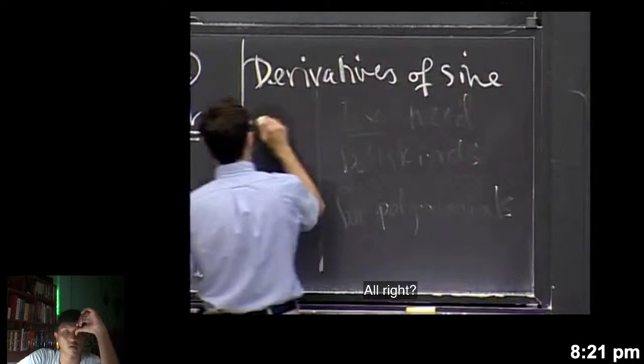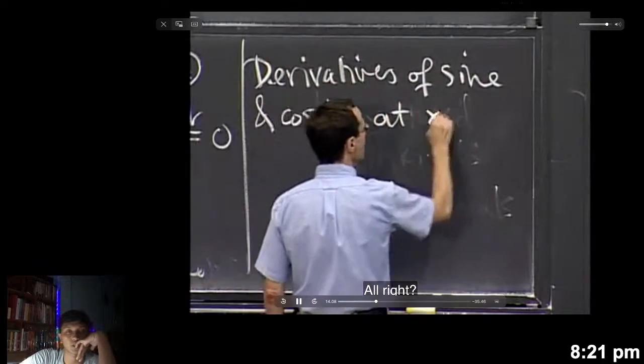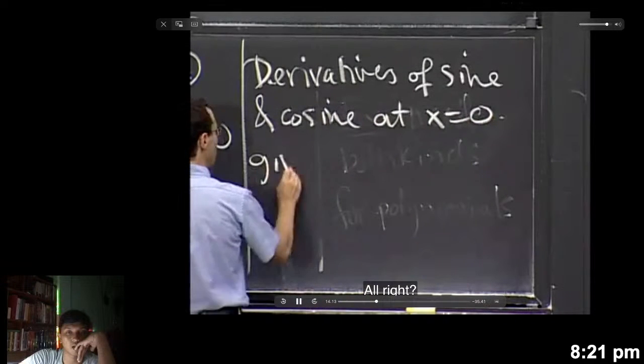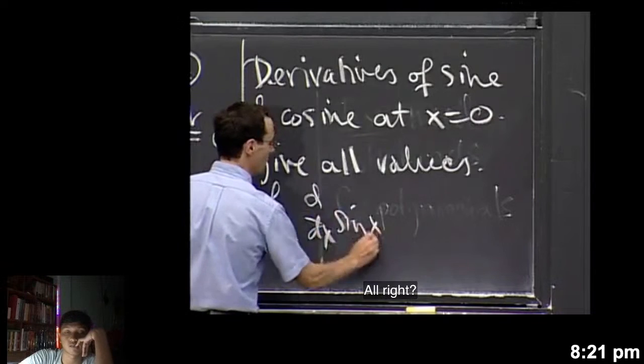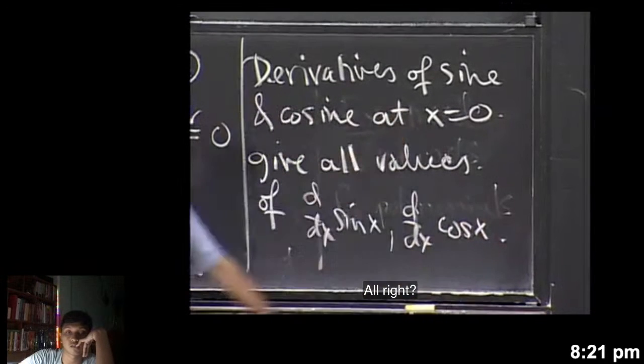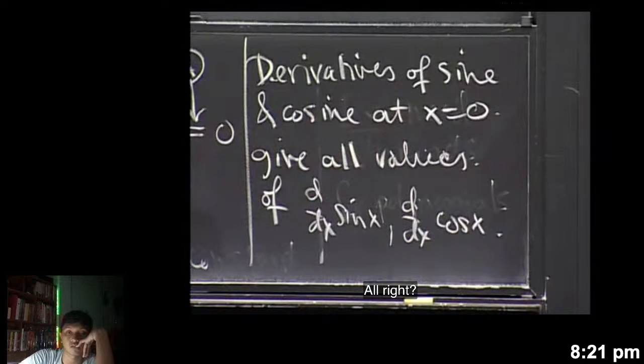Sine and cosine at x equals 0 give all values of d by dx sine x, d by dx cosine x. So that's really what this argument is showing us, is that we just need one rate of change at one place, and then we work out all the rest of them.